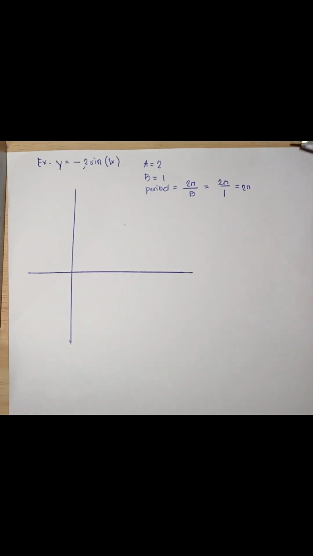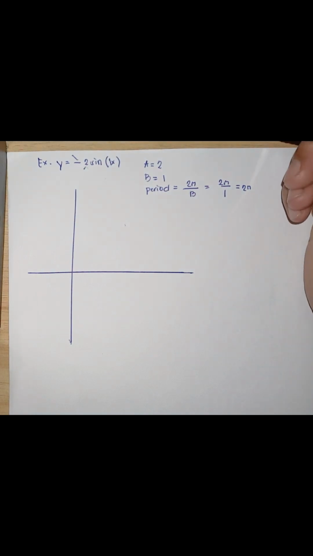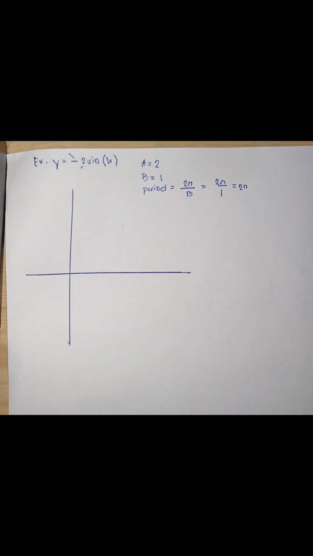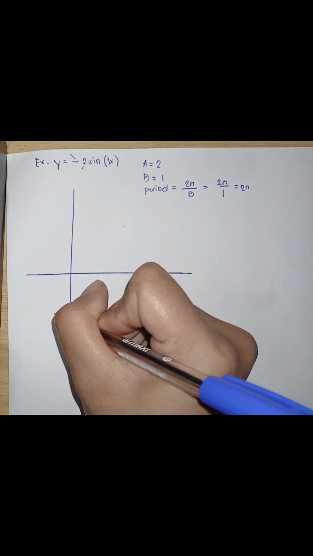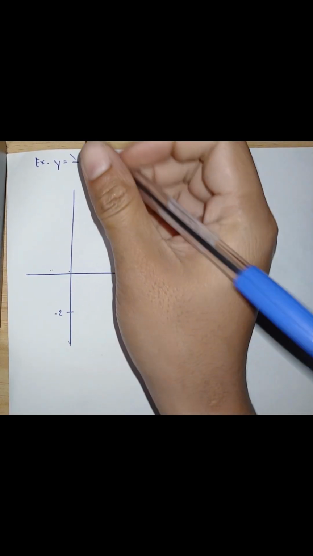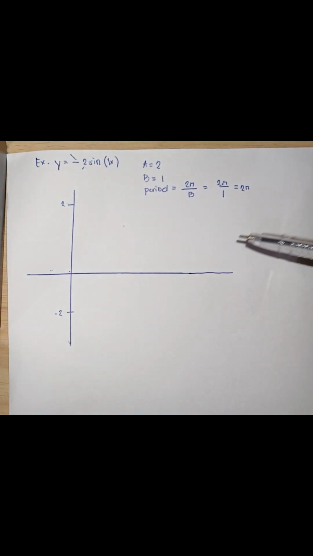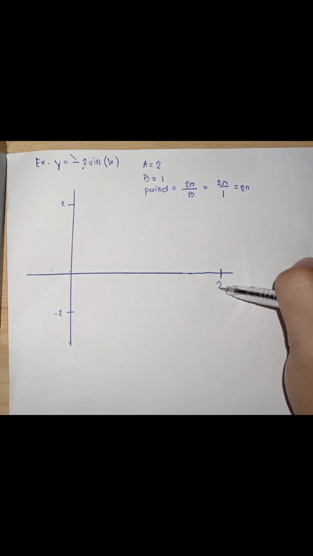The negative sign here is a reflection about the x-axis. So let's draw this. We have a negative 2, starting at 0, and a positive 2, and of course our period, which is 2 pi.